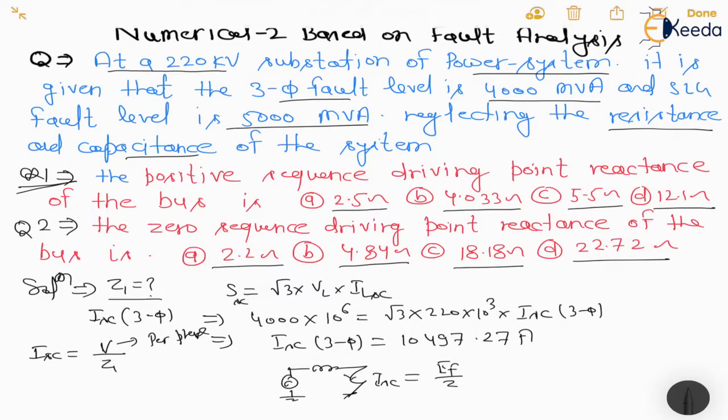So ISC will be equal to V upon Z1, and always remember this V should be per phase. Line and phase values are both equal for the calculated current, but since Z1 is per phase, the voltage should also be per phase.